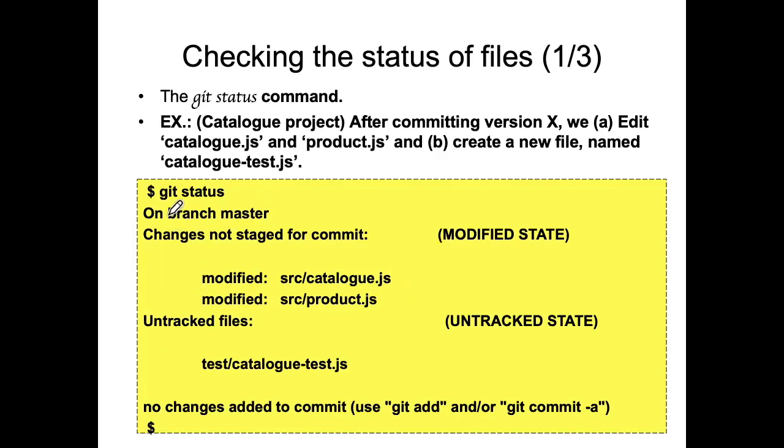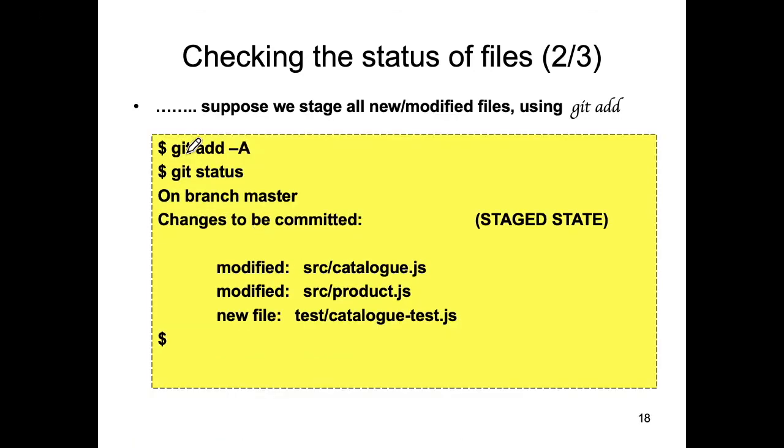It's saying these are changes not staged, whereas when I have carried out this operation, it now knows that these are changes that have been staged, but they are not committed yet. They are to be committed. And it's listing everything. In this case, it's both the modified ones and the new ones. So this is now the status of my working directory. It has altered because I've carried out this operation here.